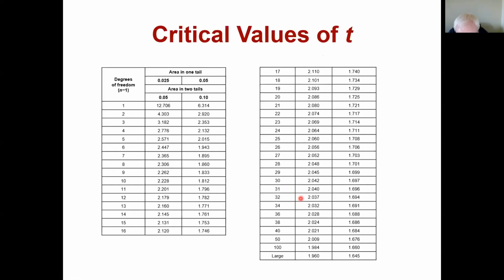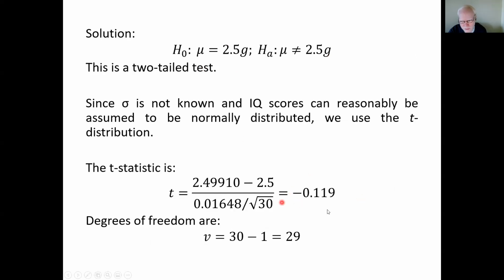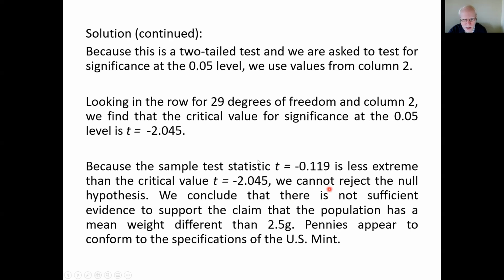Actually, there shouldn't have been a negative there. It should have just been 2.045. The reason I put the negative is because our calculated one was negative. So I could have taken the absolute value of this and compared it to the positive one, but with a two-tailed, you can also, if you get a negative one, put the negative of this.